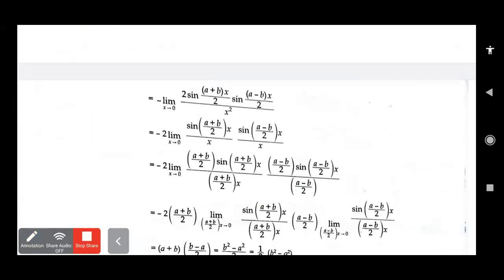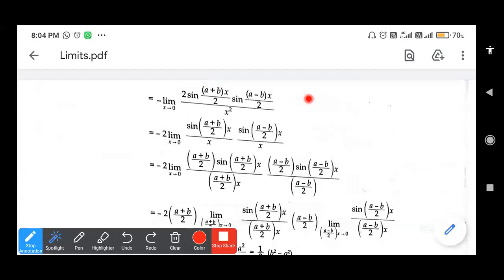Take x as common. After taking x as common, you can apply the limit. What we have to do is multiply and divide with (a plus b) by 2 and (a plus b) by 2.